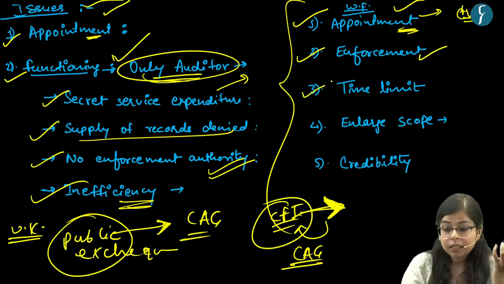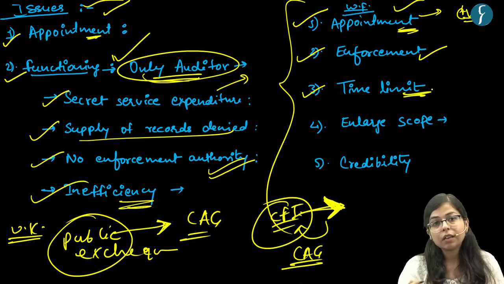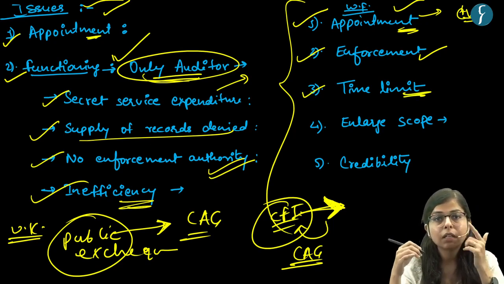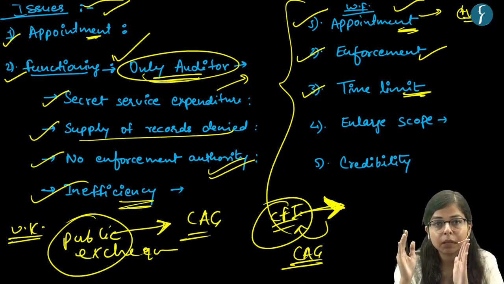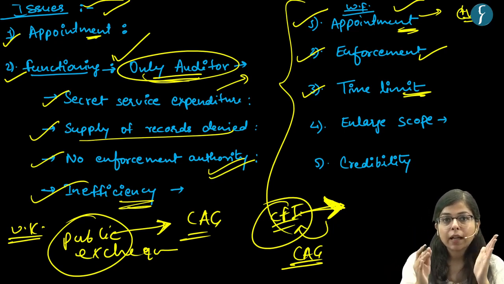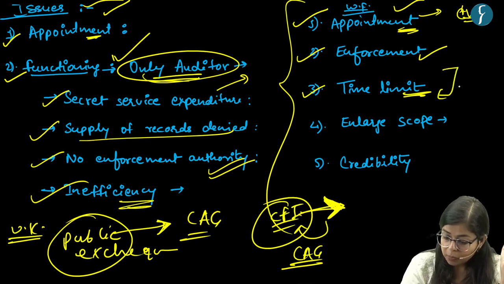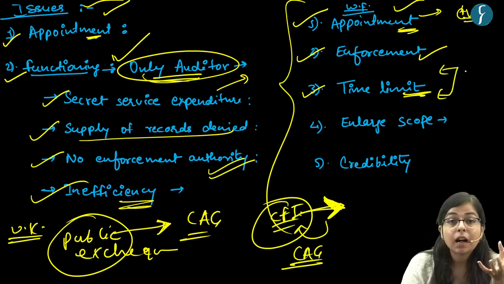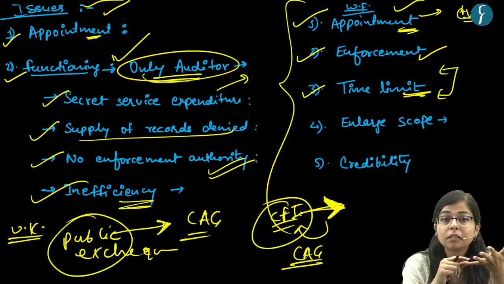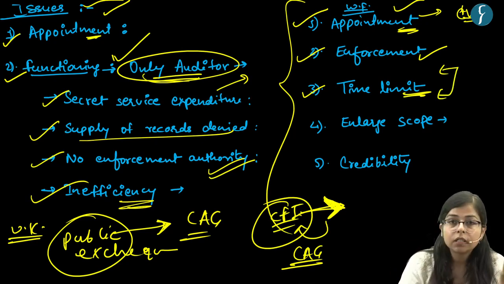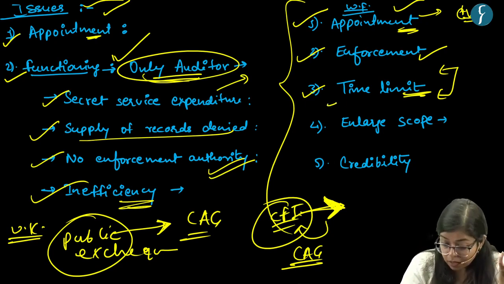The other thing is time limit. Generally, there is no time limit within which the report of CAG should be tabled, right? Or a time limit within which the reliable data should be given to CAG by the government. So there should be a time limit, like the RTI time limit of 1 month in the Right to Information Act, though it is not being followed, but there is a time limit.